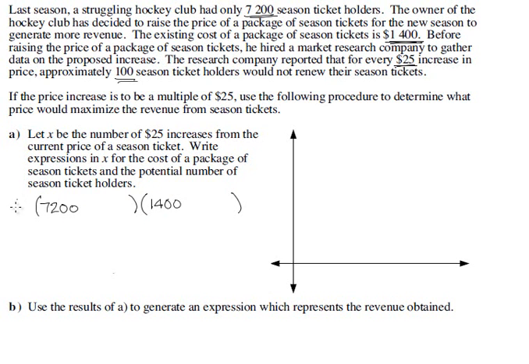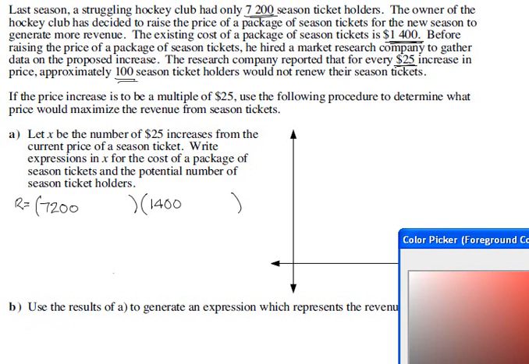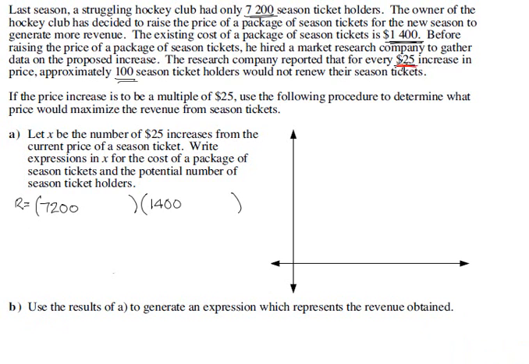So that's our revenue now. And the change we're considering making is this. We can increase the price by $25 and lose 100 customers. So this 1,400, we could add 25 to it, but the bad news is we lose 100 over here.